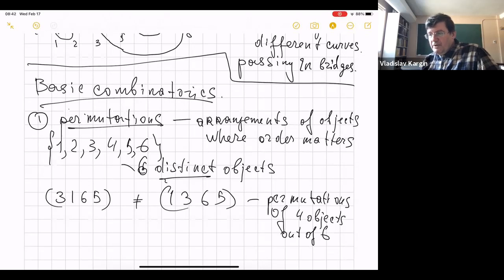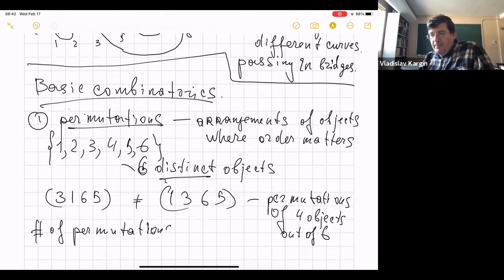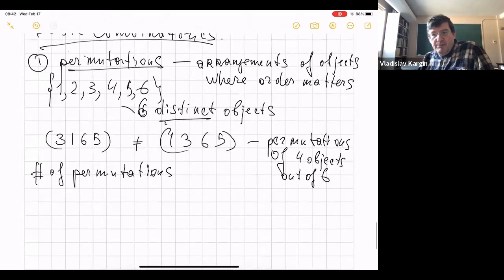I have distinct objects, and I can look at their permutations, but maybe not all of them, maybe just 4 of them. So what is the number of these permutations? In this example, how can we find it?